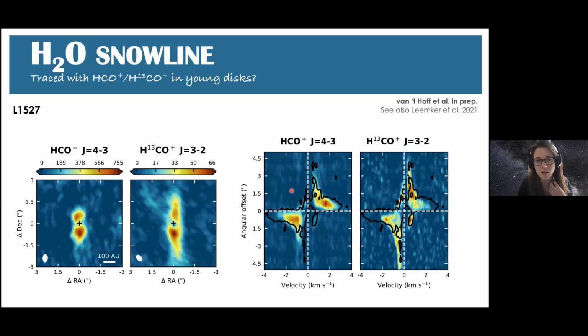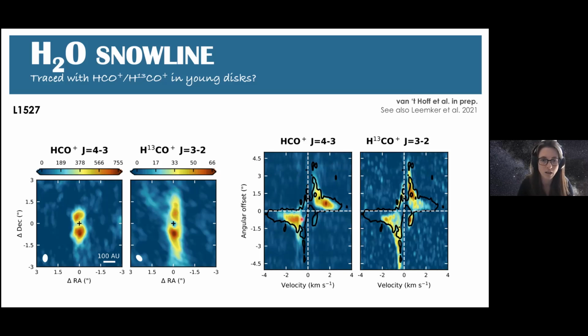And the important thing here is that emission from the disk, we expect at low angular offset, so close to the protostar, but at very high velocities, or at higher velocities than the envelope, because of the Keplerian rotation of the disk. And the contours here show C17O as a reference for the velocities that we might expect.